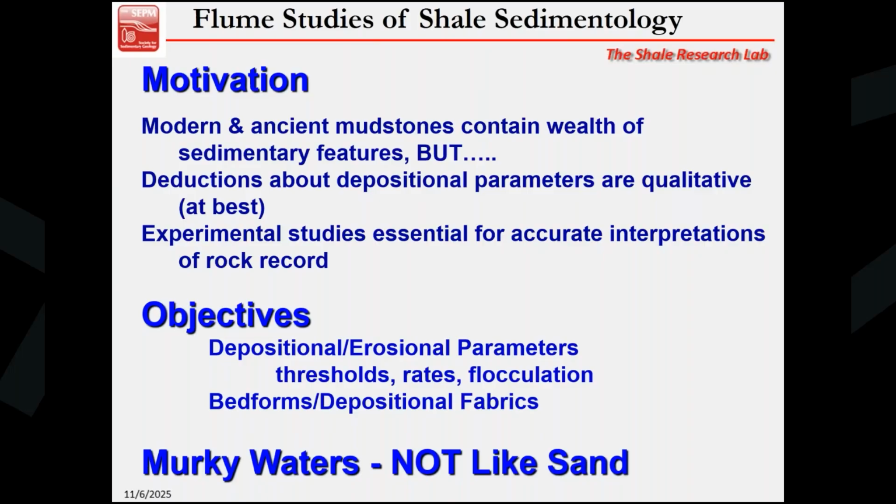The objectives were to look at mud and mud deposition under energetic conditions and see what the depositional and erosional parameters, the thresholds, the rates were, and then one important thing was fluctuation. That is the key of it all. And what kind of bed forms and deposition of fabrics do we get?